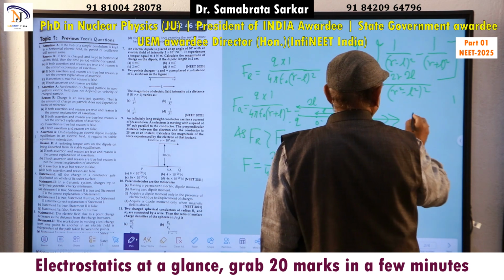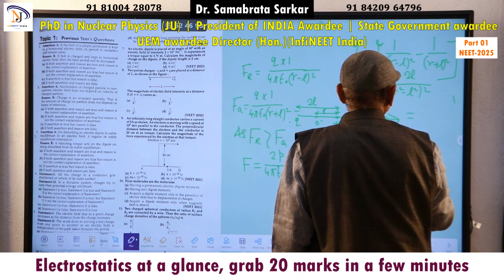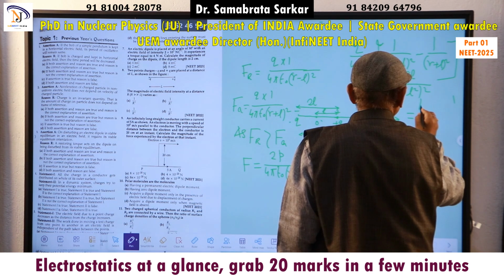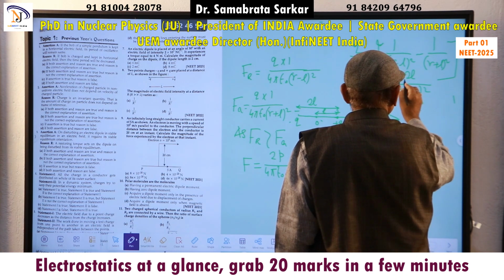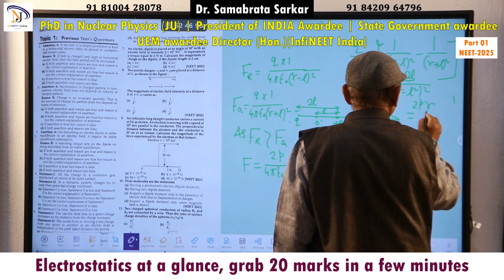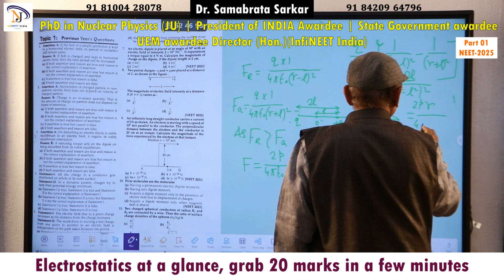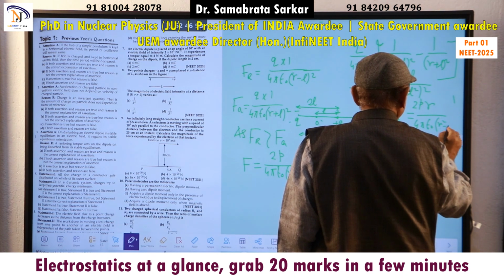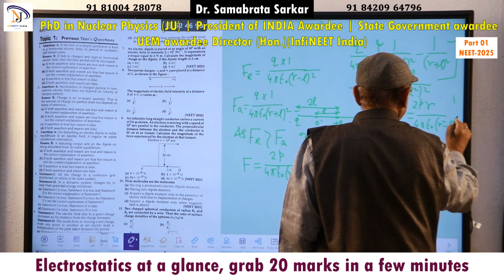So you may write here like this: q into 2L, that is p, q into 2L is p, twice p r by 4 pi epsilon naught (r square minus L square) whole square.